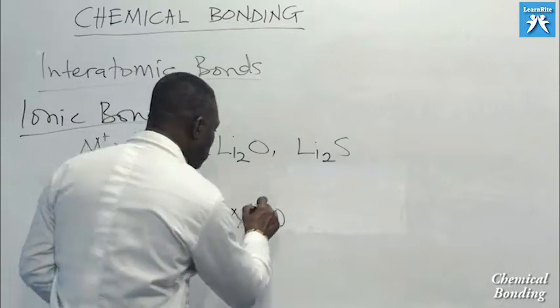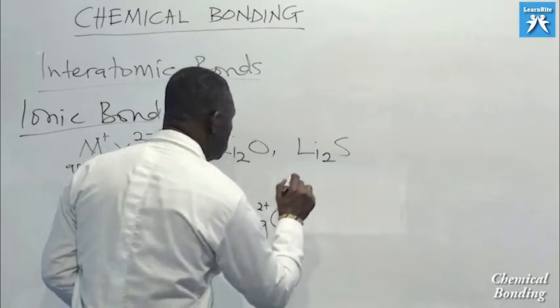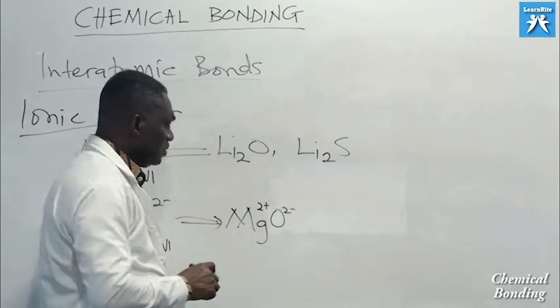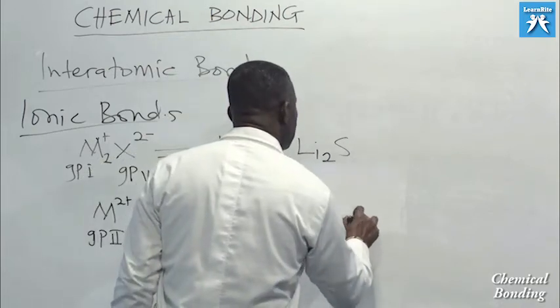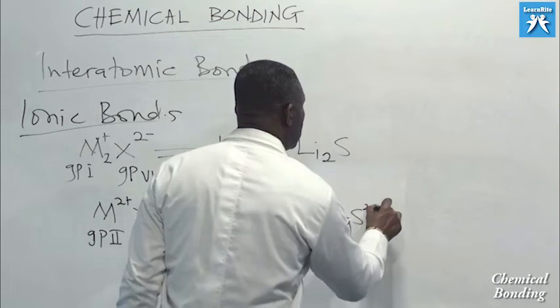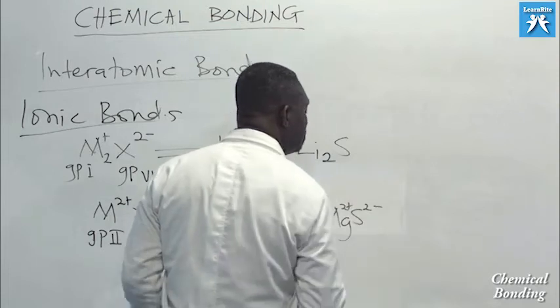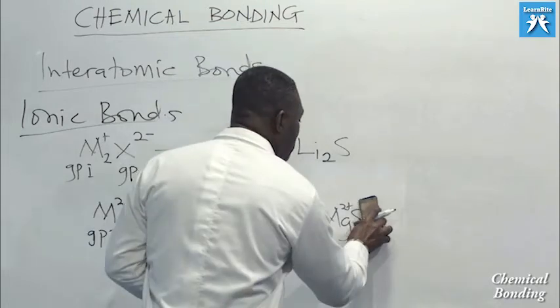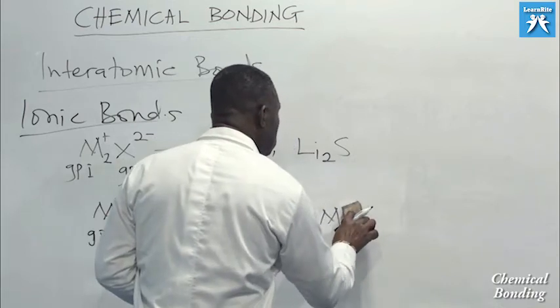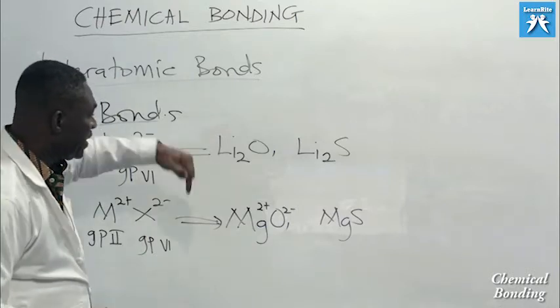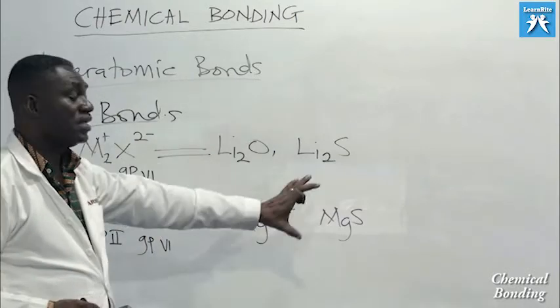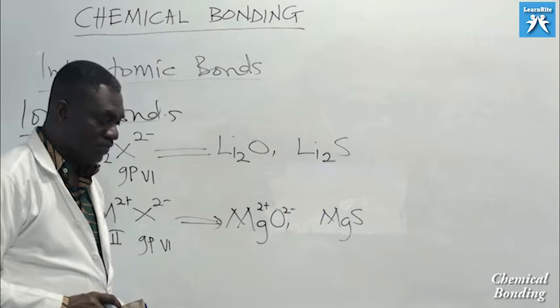So in effect, this is plus 2, minus 2. Balance. I could also write magnesium sulfide, minus 2 here, plus 2 there. If you want, you can just leave them out. So with group 6, these are the examples that I can give.